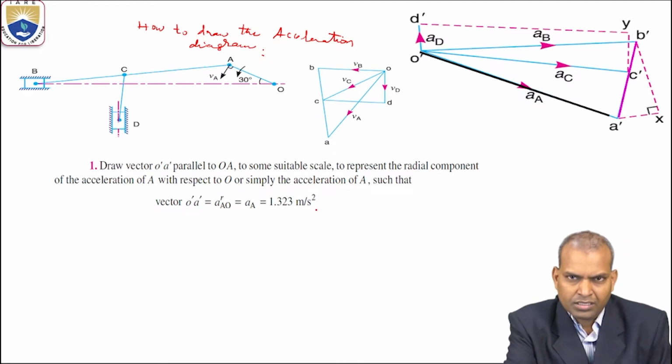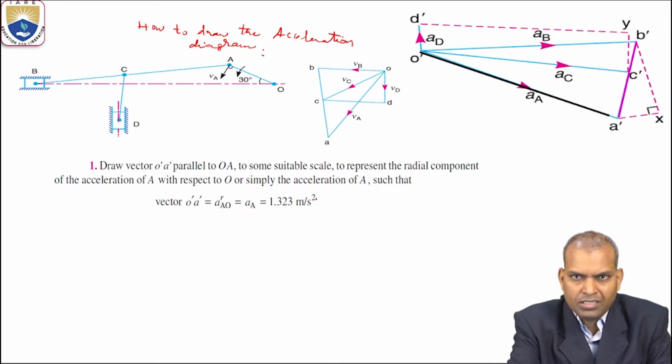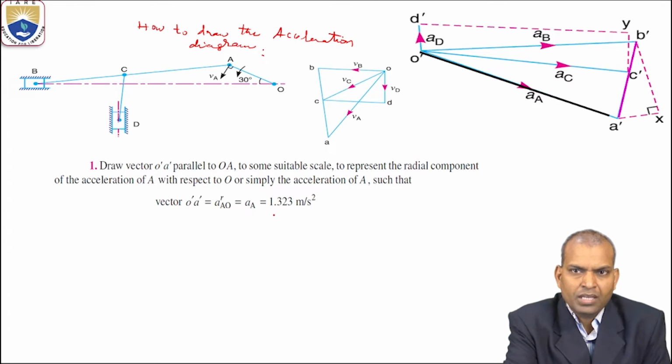Now this link OA is rotating with constant angular velocity. When a link is rotating with constant angular velocity, there is no tangential component of acceleration for that link. Then the total acceleration is only the radial component, a_r AO, that is a_A, 1.323 meter per second square.